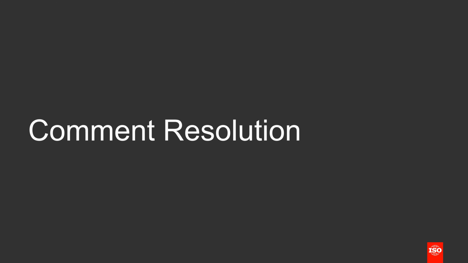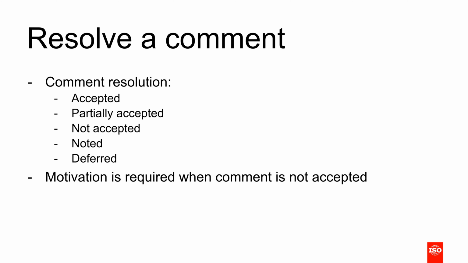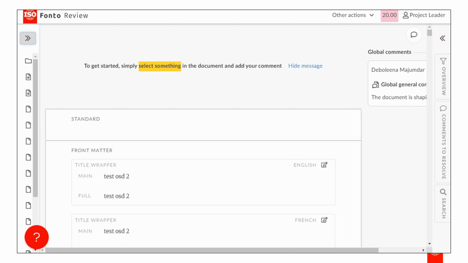In this next section, we will cover an overview of the comment resolution features available to a leader. Leaders can resolve comments with resolution type accepted, partially accepted, not accepted or rejected, noted, and deferred. It is mandatory to enter a motivation unless the resolution type is accepted.